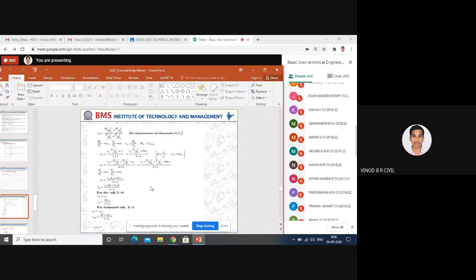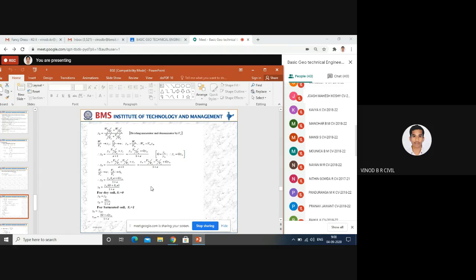For example, garden soil. For completely dry soil, like a football ground in some places, the degree of saturation is completely 0. S_r is 0 because we can't expect any moisture content or water content. When S_r is equal to 0, gamma b converts to gamma d, the dry unit weight of soil. Gamma d is equal to G into unit weight of water, gamma w, divided by 1 plus e.